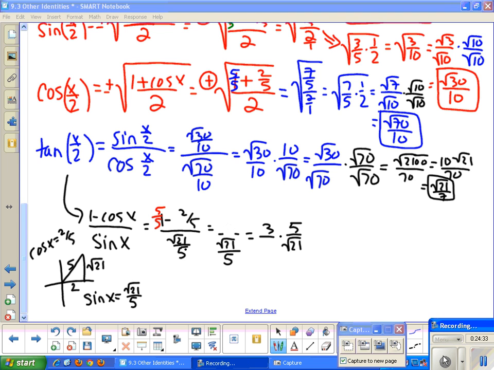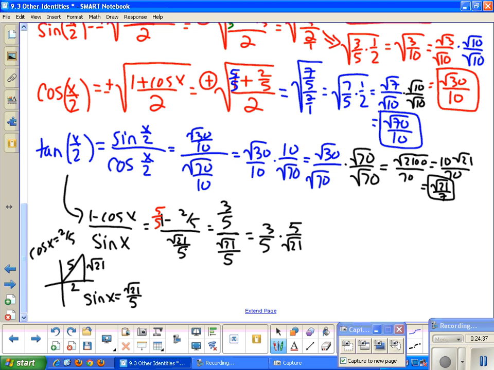Sorry, I misspoke earlier; it should be 3/10. So then this would cancel out, and you're left with 3 over root 21. Rationalize the denominator. And when you do that, you would end up with 3 root 21 over 21, which gives you root 21 over 7. So just a different way of finding the same answer.